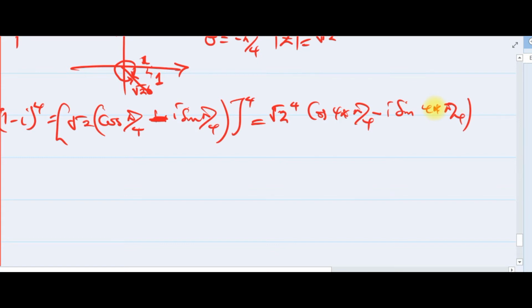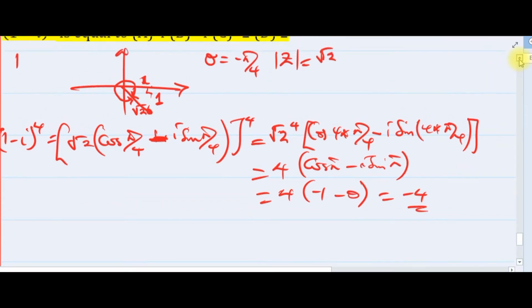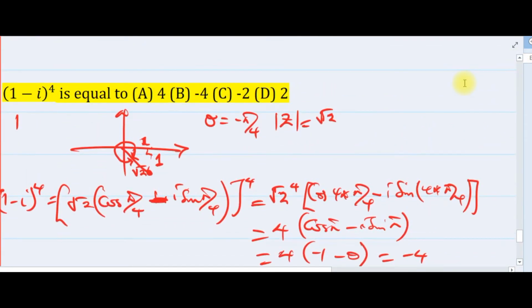This is 2 raised to power 2, 4, times cos pi minus i sine pi. And we know that cos pi is minus 1, and sine pi is 0. So our answer is minus 4. So our answer is B.